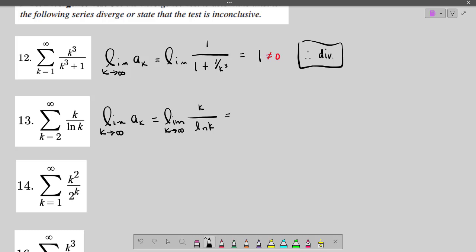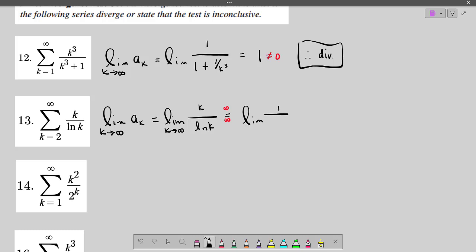So the limit of a fraction, we take the limit of the numerator, that's infinity. Limit of the denominator is infinity, so we get infinity over infinity, so we can use L'Hopital's rule. So I usually do this kind of thing over the equal sign just as a marker. It's like, oh, that's infinity over infinity, so we can use L'Hopital's rule.